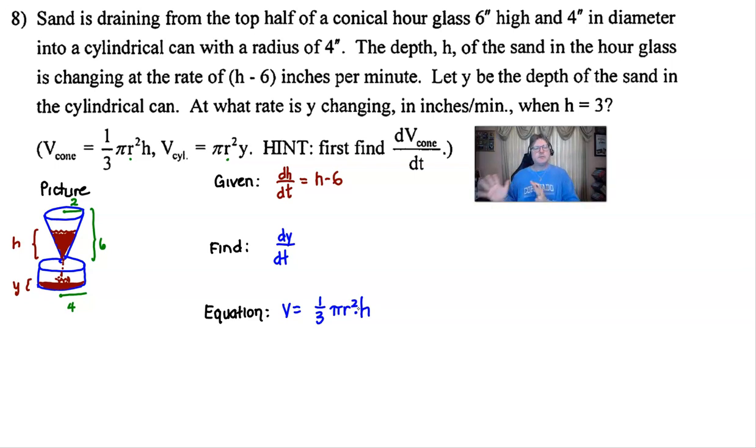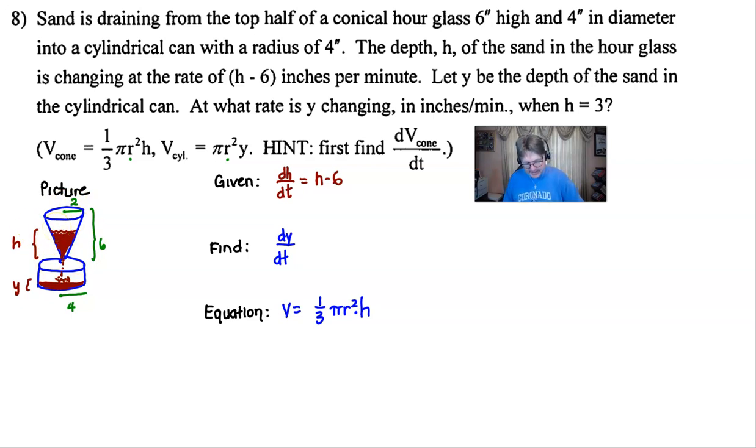We would like to see if we could get one variable in terms of the other. And we are going to be able to do that if we're very careful. And that is by using a relationship that equates the r and the h.